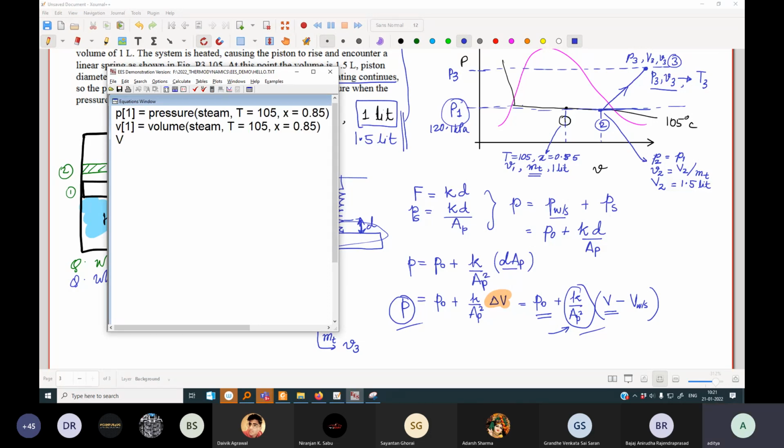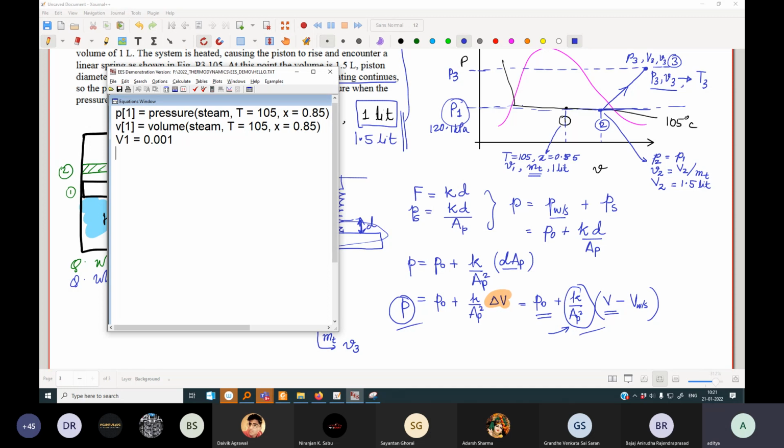So then V1 is going to be 1 liter. So 1 liter is 10 to the power minus 3, right? So this is the initial volume. In fact, this is state point 1. Are we missing something?